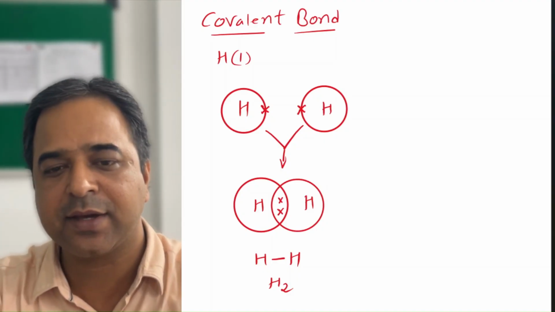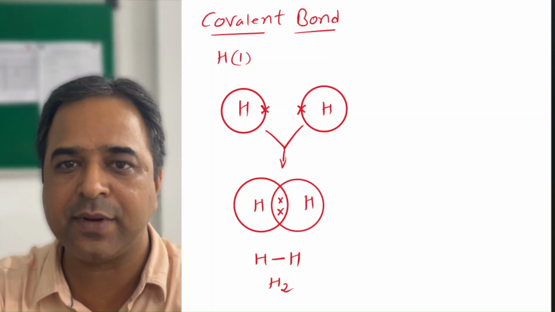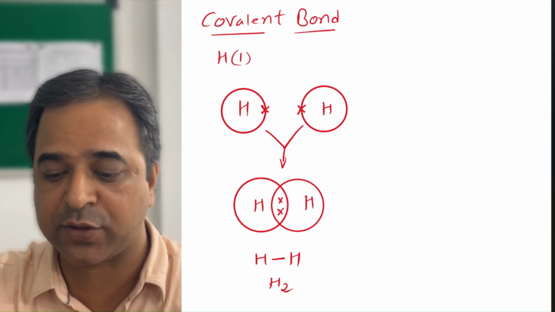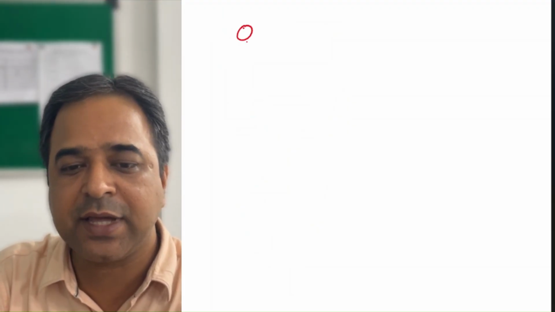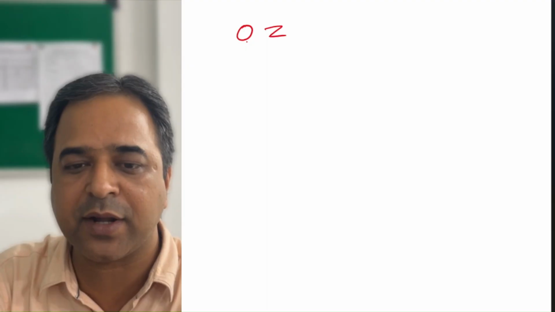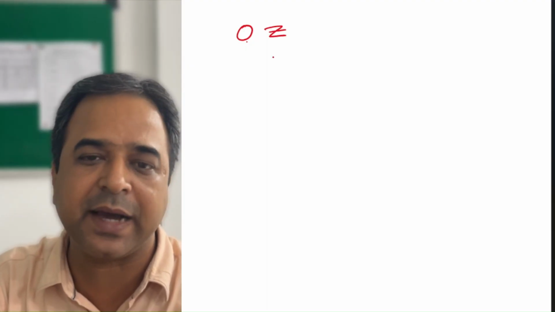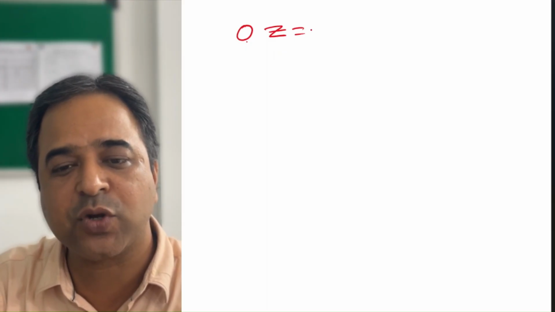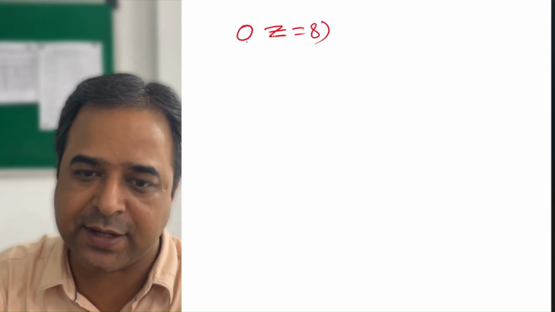If we take some more examples wherein atoms can share a few more pairs of electrons, in this case we can take oxygen. See, oxygen has its atomic number, which is sometimes represented by the letter Z. It has a total of 8 electrons.